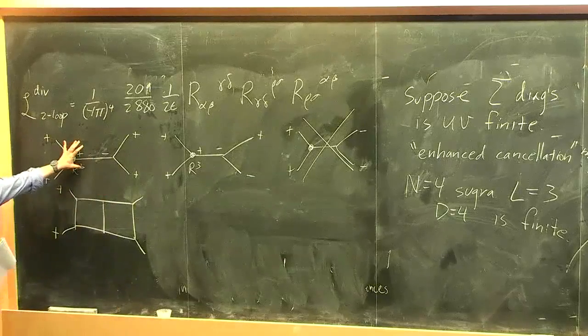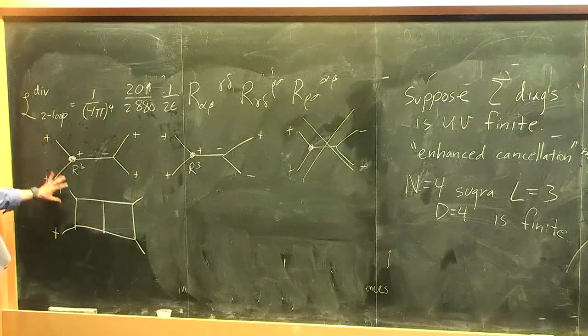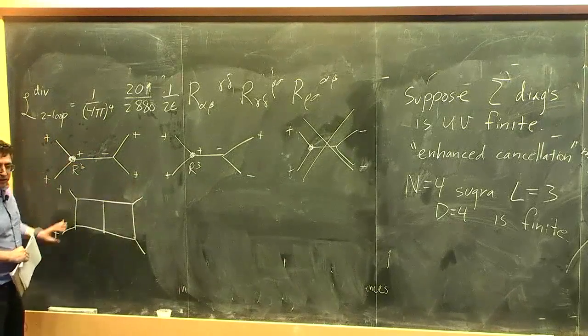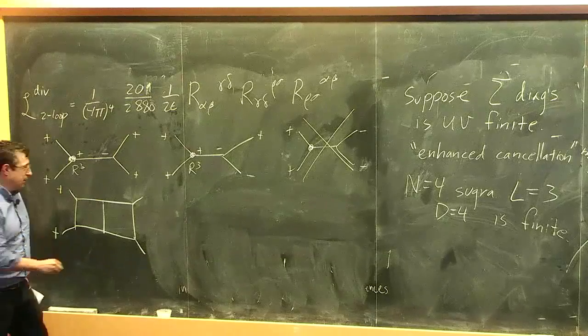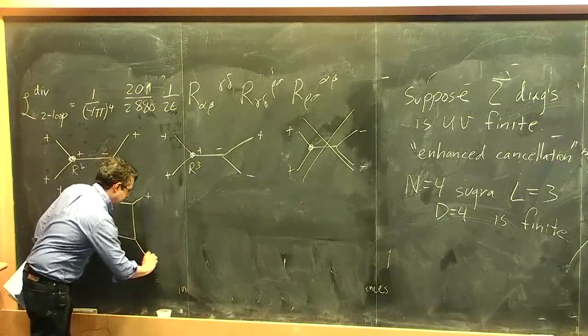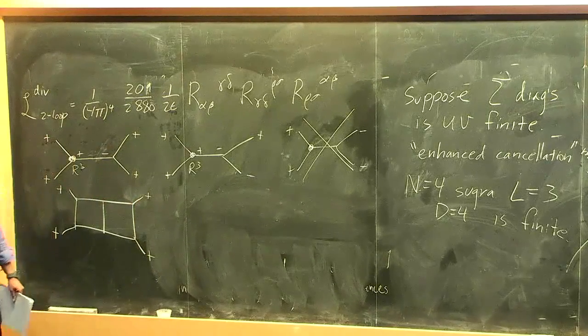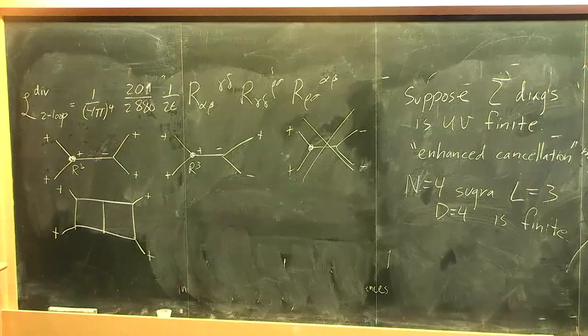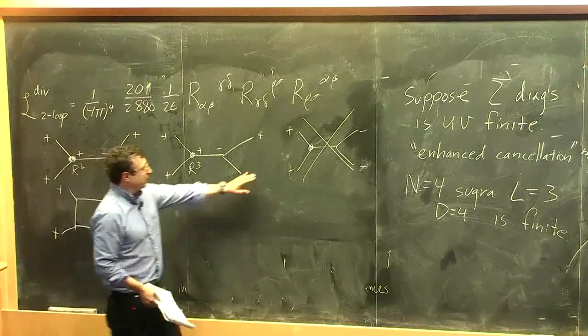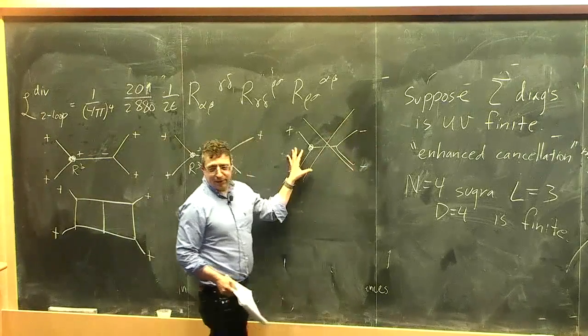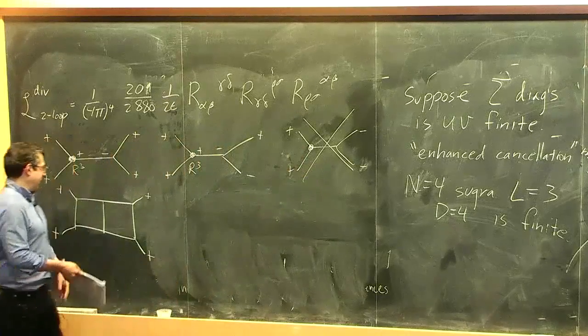This helicity configuration, the final answer for this 2-loop expression is just a few lines. So this is a good one to study. This is the maximally violated? Yeah, this is the maximally or beyond maximally. Normally people would refer to this as maximal helicity violating. Okay, this is like... Your convention.